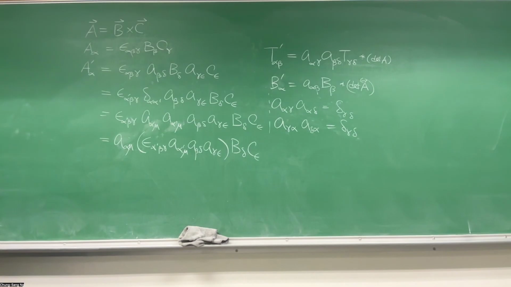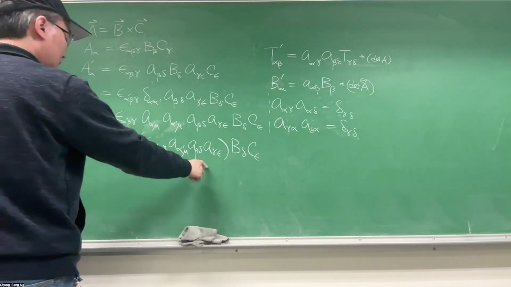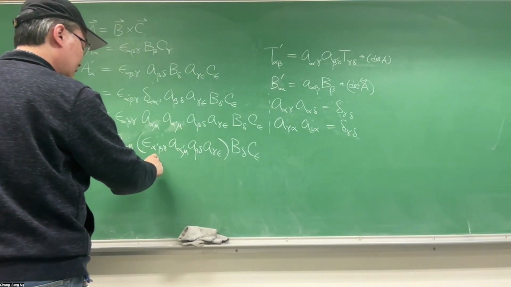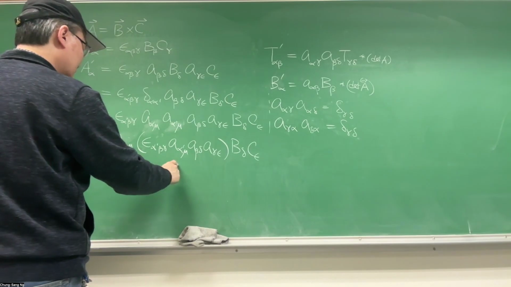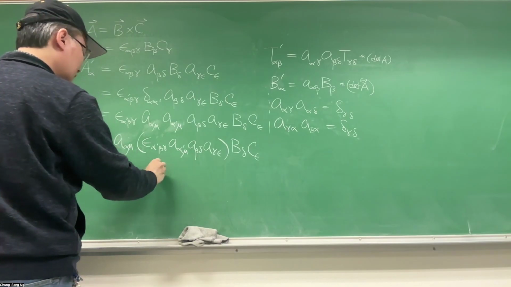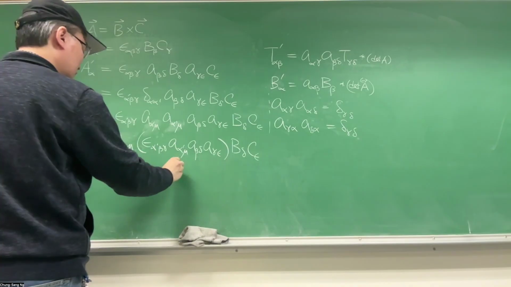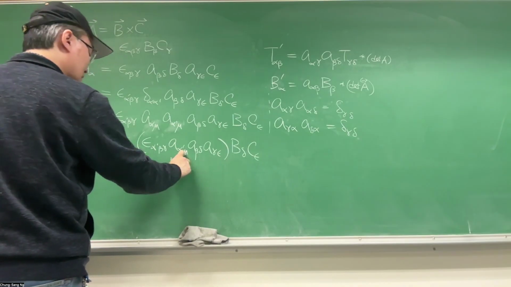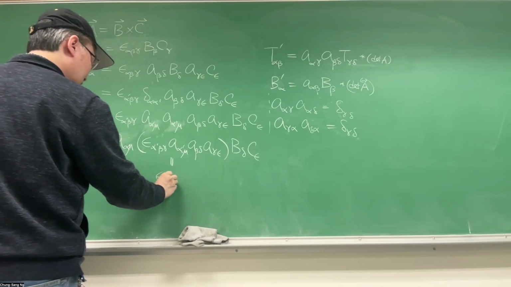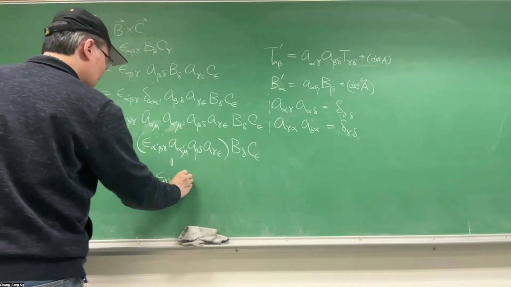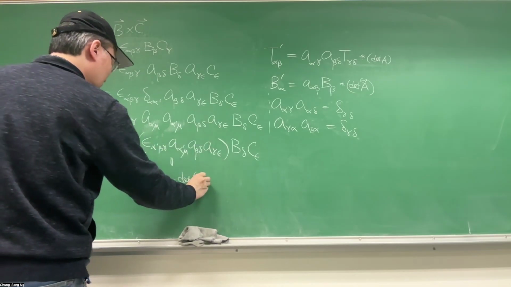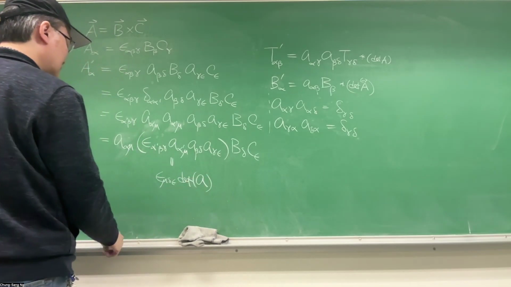Okay, so now the part that will give you the determinant is that this bracket equals epsilon, the second index mu delta epsilon, times the determinant of this A matrix.